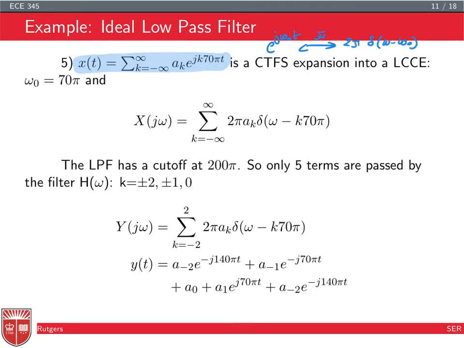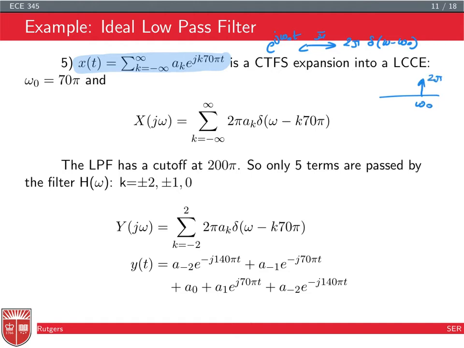Which makes sense, because e^(jω0t) is a cosine plus j sine, so it is one frequency at ω0, so that's why you get a frequency at ω0, right? But you have here 2π.